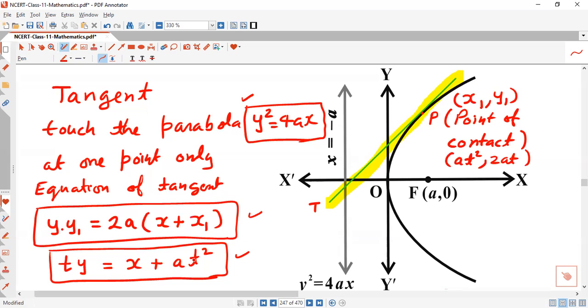So this tangent touches at this point. Let me show you some extra things.